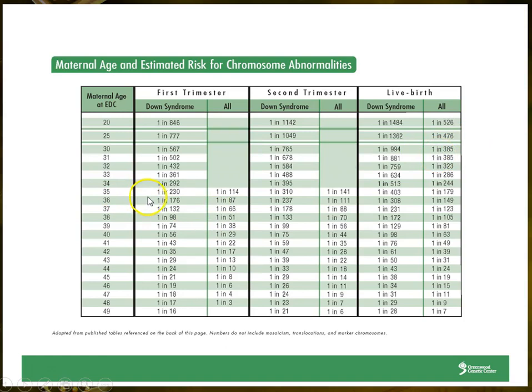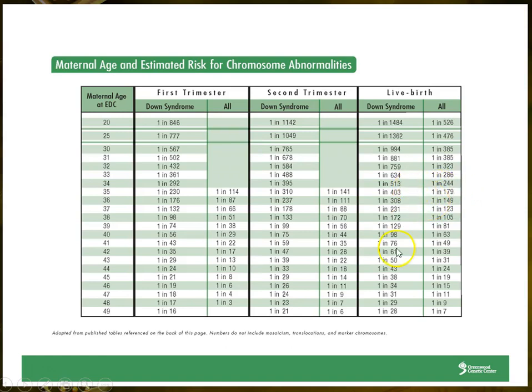At age 35, now you're up to 1 in 230 in the first trimester, and 1 in 403 in the third trimester, with the risk of having a baby with any chromosome problem of 1 in 179.